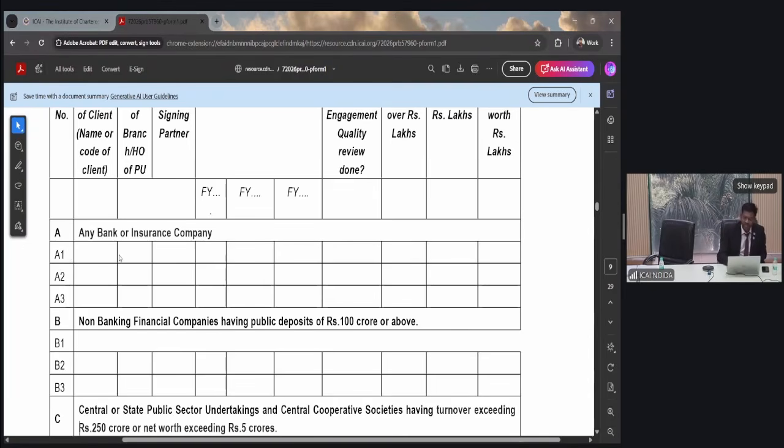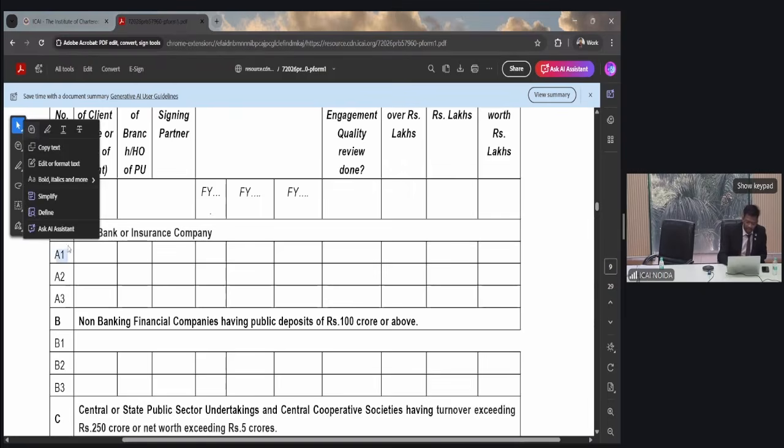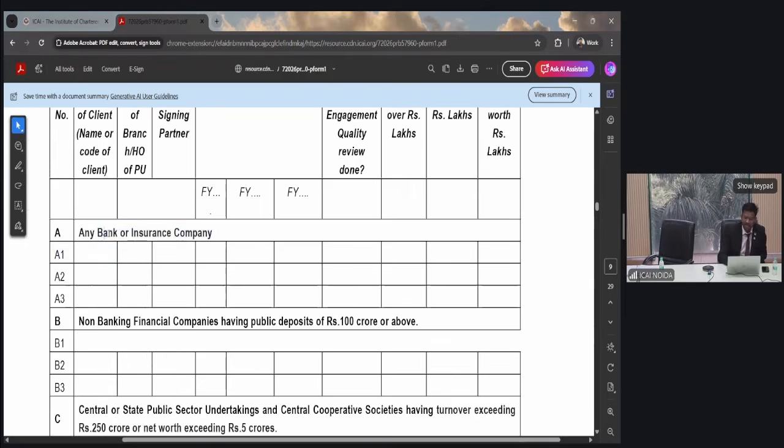Let's say you have State Bank of India, Bank of Baroda, then all the UDINs of all the 3 years pertaining to State Bank will be under these rows, and the entire client, State Bank of India, will be treated as A1, where A pertains to the category of the client and 1 is the serial number within that particular category. So this is how this document is to be prepared.